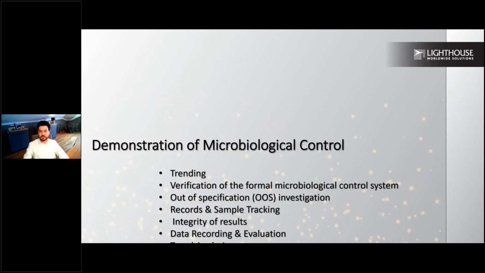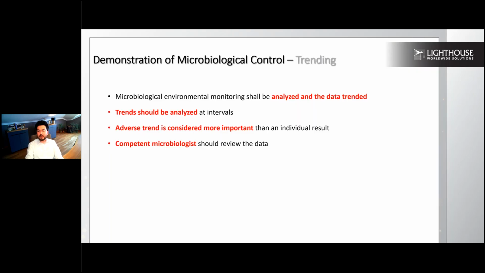Demonstration of microbiological control. Let's start with the trending part. Microbiological environmental monitoring data shall be analyzed and trended, in particular to identify an adverse trend. Trends should be analyzed at intervals that are frequent enough to identify any adverse trends. An adverse trend is considered more important than an individual result.